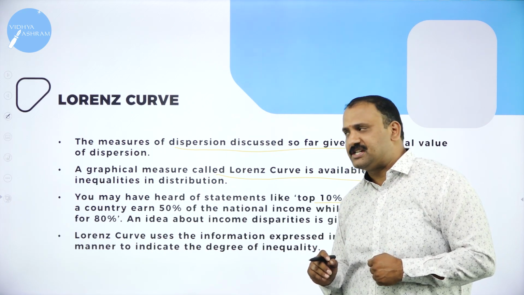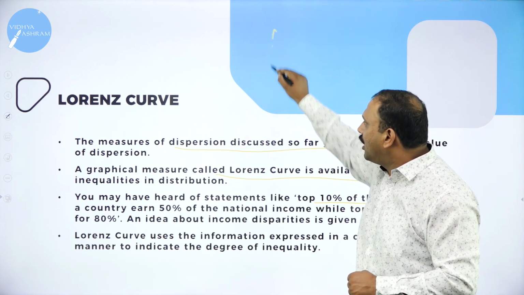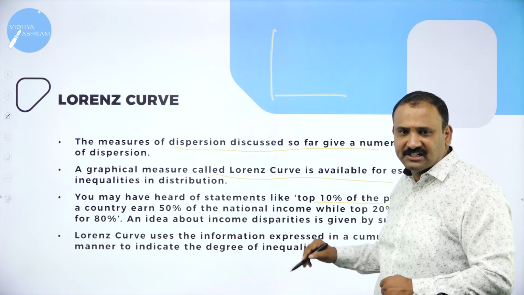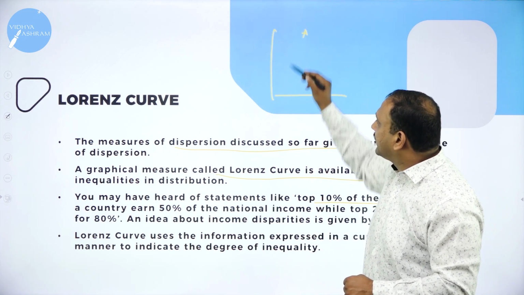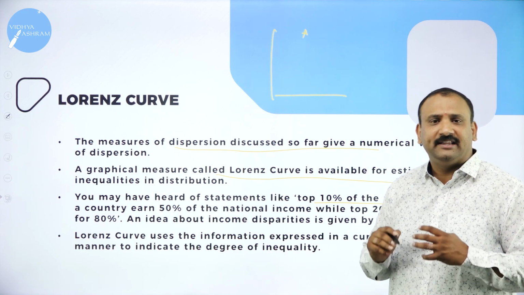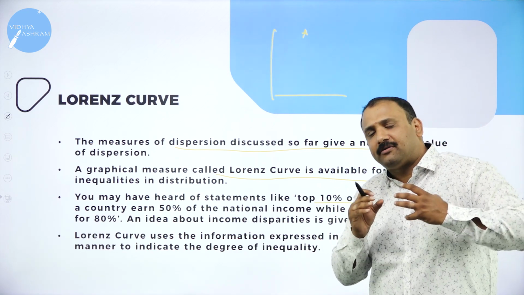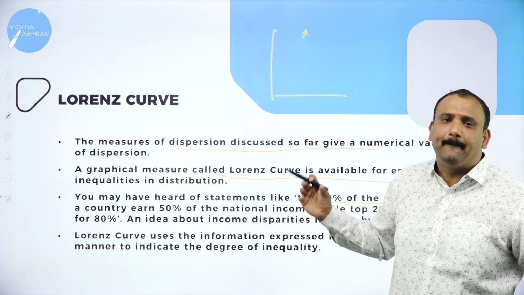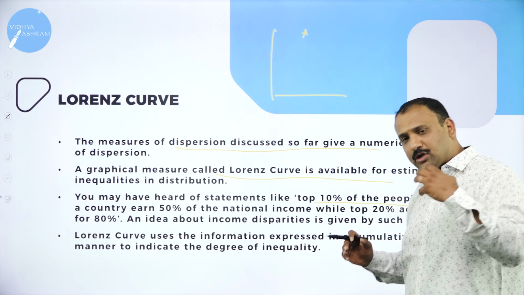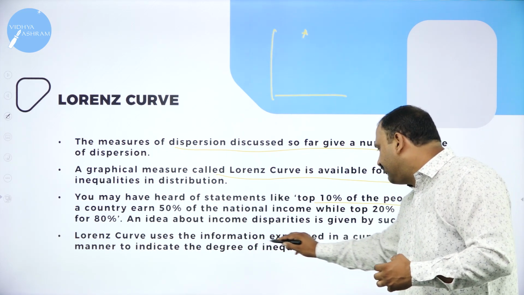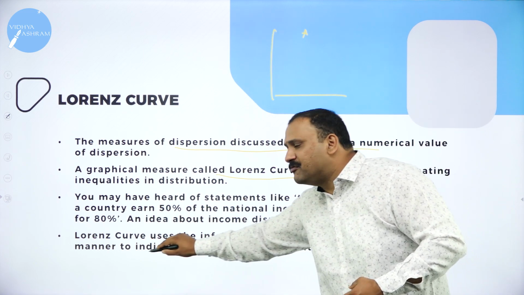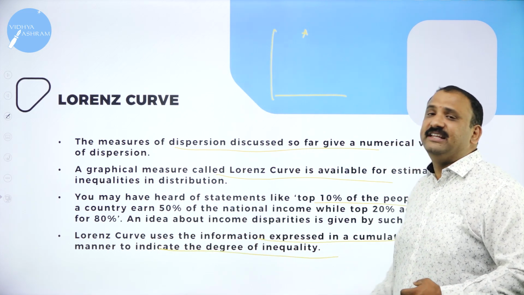That means when you draw a graph, there are some people at the extreme ends, at the extreme values, who are trying to score the maximum when compared to the minimum. So the Lorenz curve will give you information expressed in a cumulative manner to indicate the inequality.